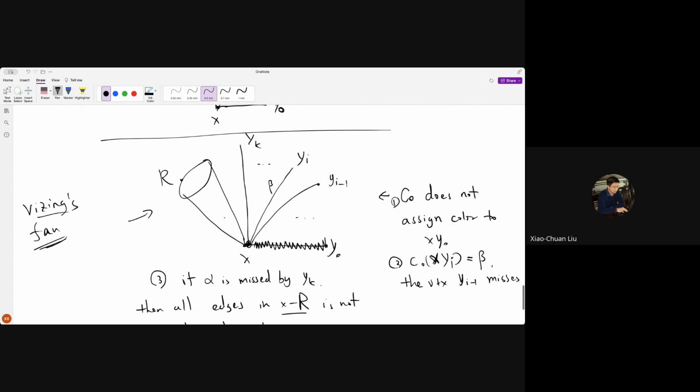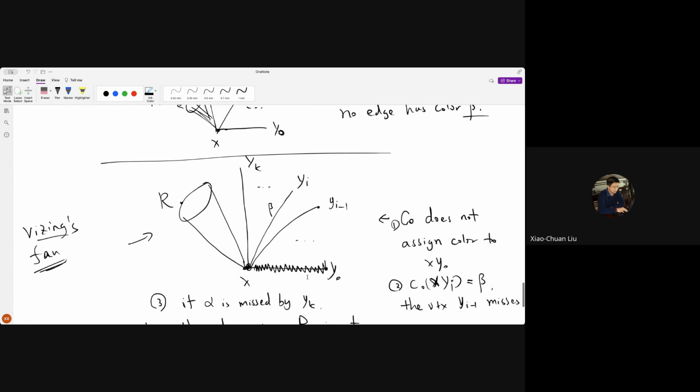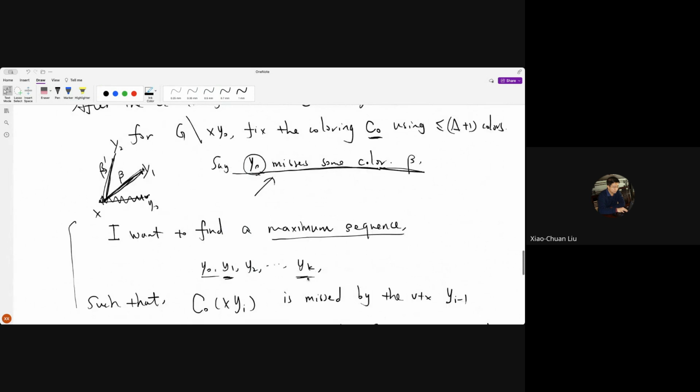I can define yk plus 1. Is that okay? So it's pretty amazing. This kind of argument eventually worked out. It's a very beautiful argument. So this is called a Vizing fan. The idea is that this is the first step. The idea is that we will manipulate this kind of Vizing fan with the claim.